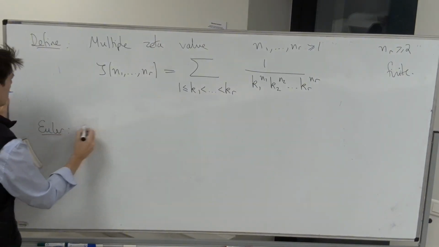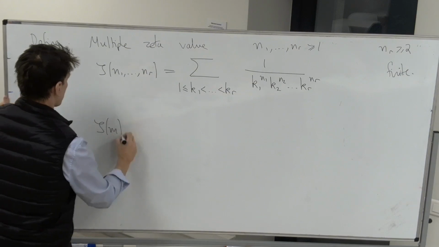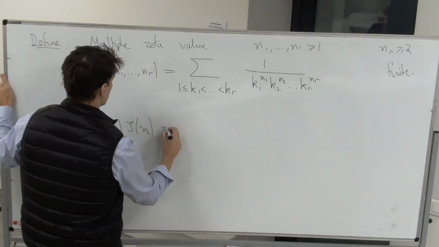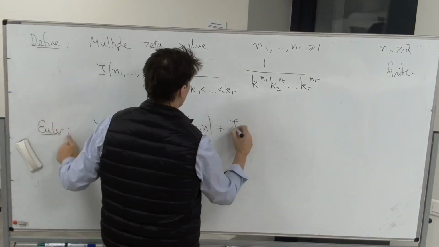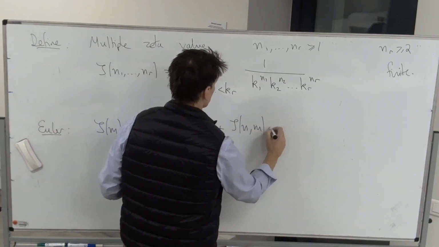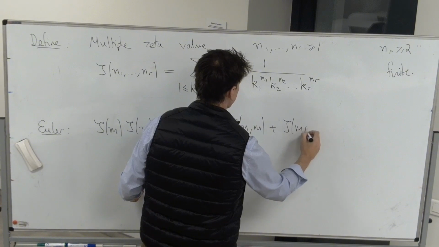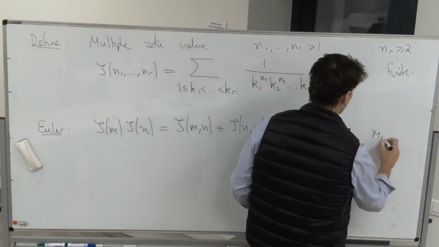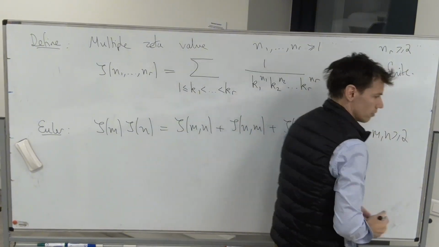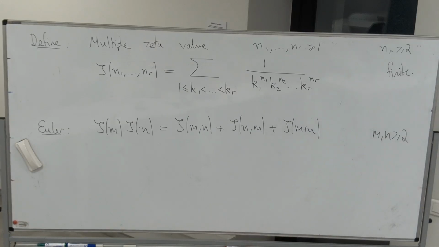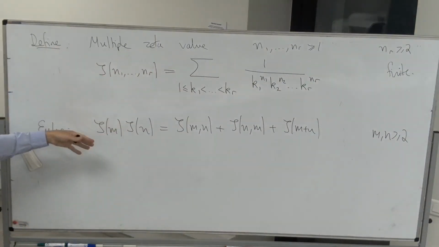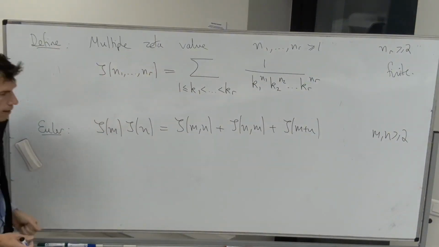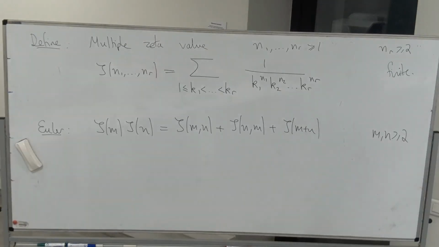Euler shows that zeta of m times zeta of n is zeta of m comma n plus zeta of n comma m plus zeta of m plus n, whenever m, n are greater than or equal to 2. So he was trying to generate as many identities as possible so that he could maybe find a polynomial equation for zeta 3. But we don't expect that to be true either.